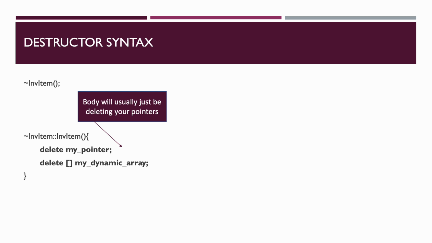Here, this is the declaration of the destructor for the class INV item. It has no return type and takes no parameters. The destructor is called automatically when an object goes out of scope or it's explicitly deleted.